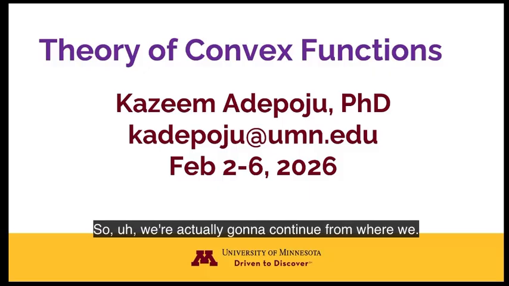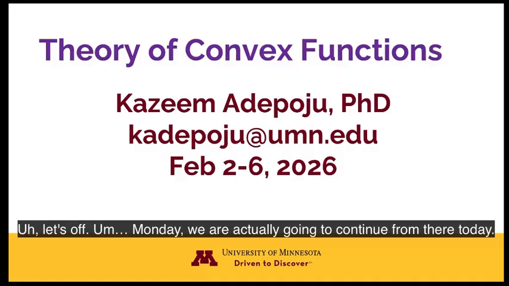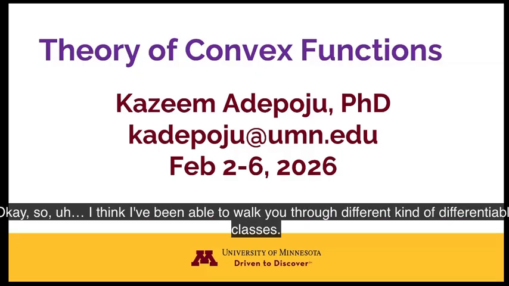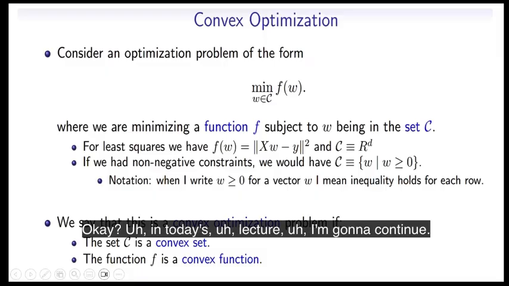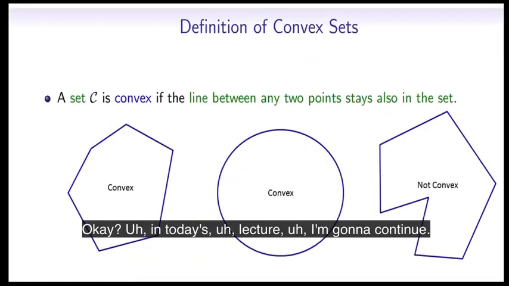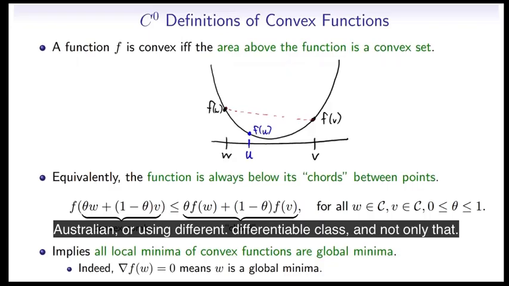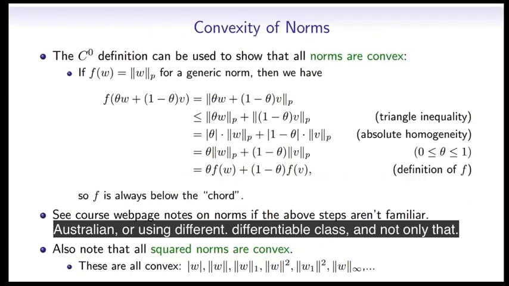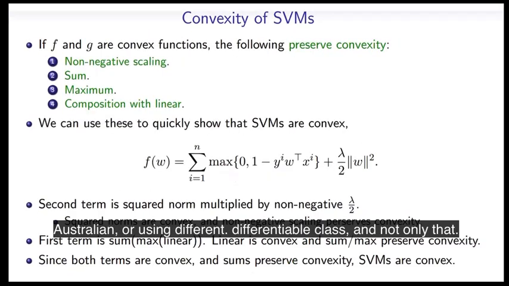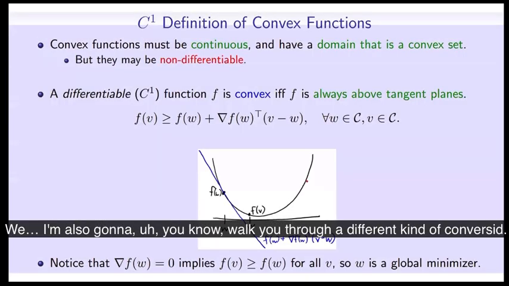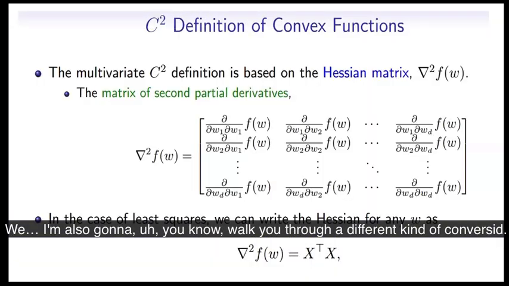So we're actually going to continue from where we left off on Monday. I think I've been able to walk you through different kinds of differentiable classes. In today's lecture, I'm going to continue explaining convexity using different differentiable classes, and not only that, I'm also going to walk you through different kinds of convexity.